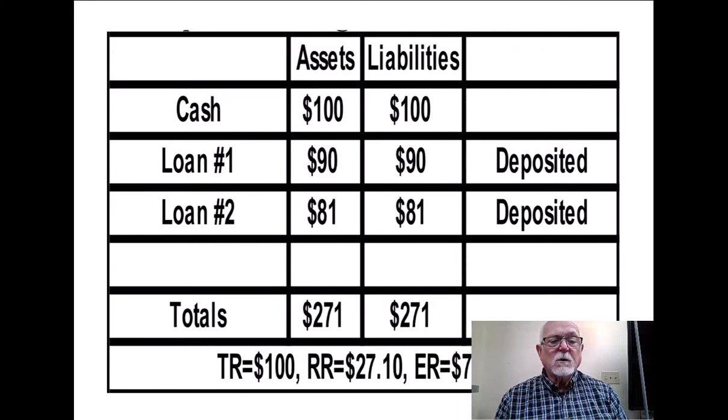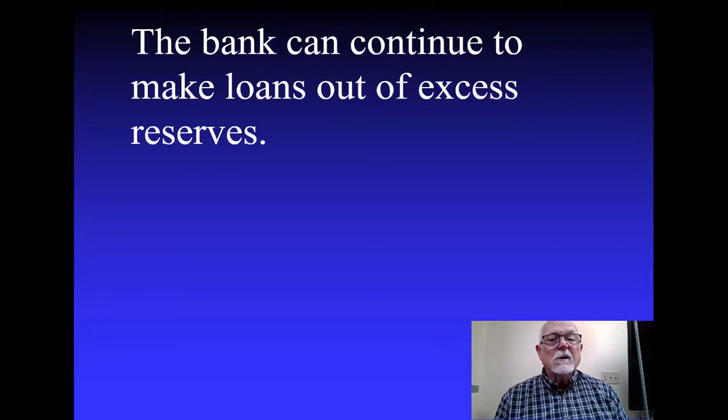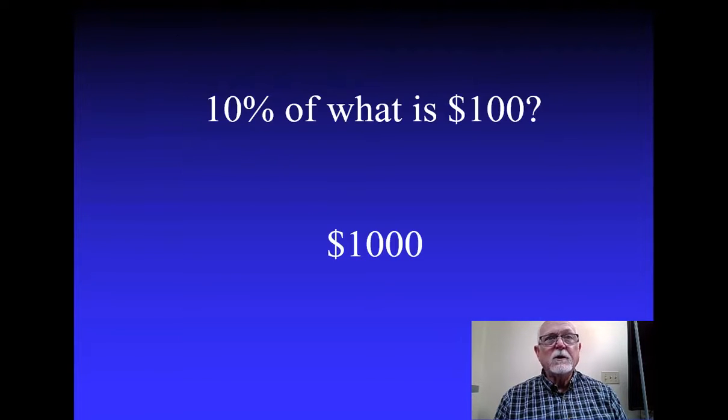That's excess reserves. So the bank can do what? Loan it out. So the bank will continue to do this until all of that $100 in this example is required reserves. So what you have to do is ask yourself, 10%, remember that's the required reserve ratio we're working with, 10% of what would be $1,000? Well, it'd be $100.